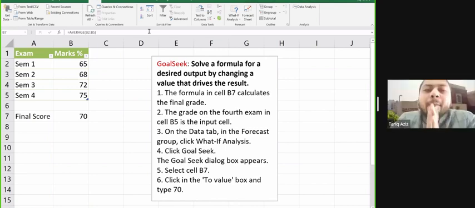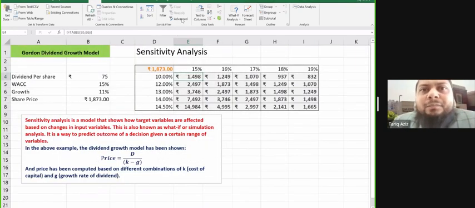So I just want you to become familiar with this function, that is goal seek, and depending on the situation, this goal seek function can be used. So now coming to the second function, that is sensitivity analysis.